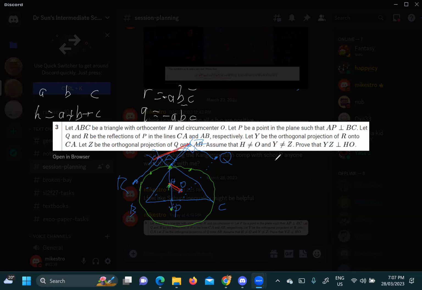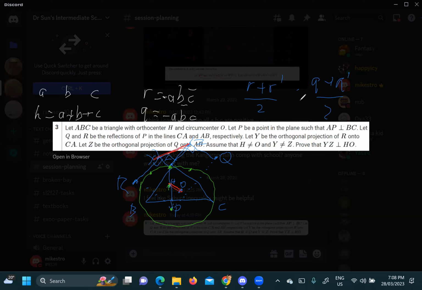Now we need to find Y and Z, which are the projections. You can think of the projection as reflecting R across and then averaging the two, taking their midpoint. So you get R plus R prime over 2, where R prime is the reflected version, and Q plus Q prime over 2.